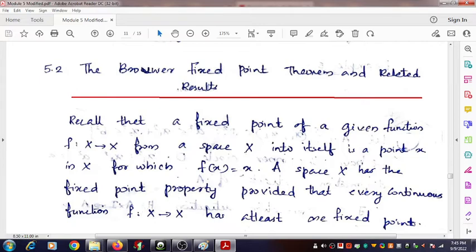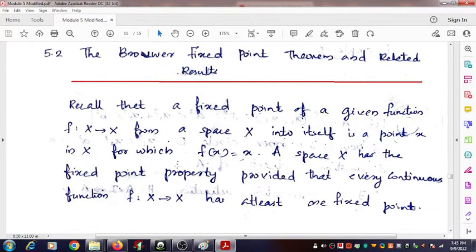We recall that the fixed point of a given function f, defined from X to X, where X is a space, into itself, is a point small x in capital X for which f of x equals x. That means the function value of that point coincides with the same point, so it will give the same point as the answer.